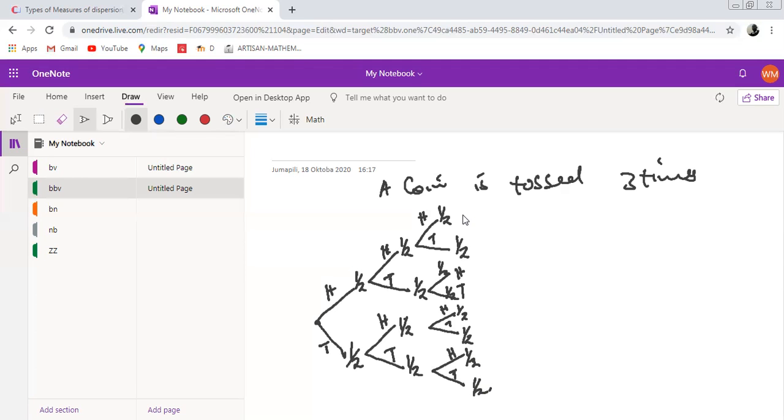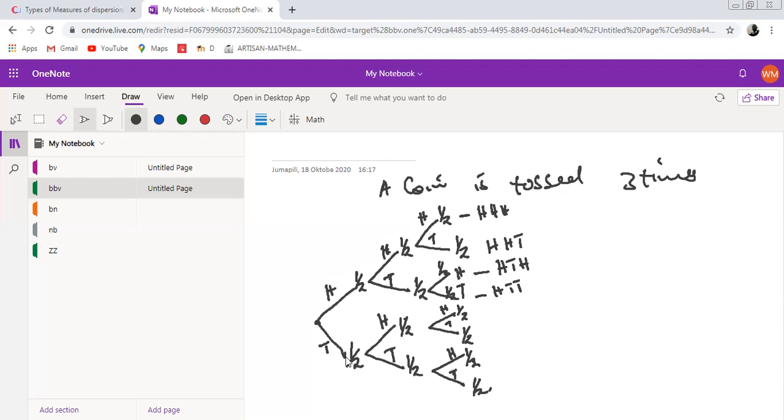So in this case, we have the outcomes head, head, head. Here we have head, head, tail. This represents head, tail, head. This represents head, tail, tail.